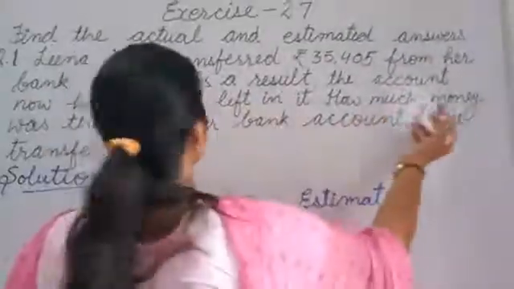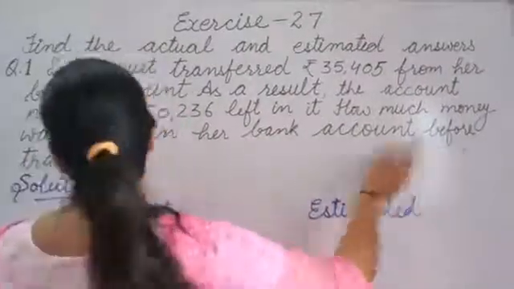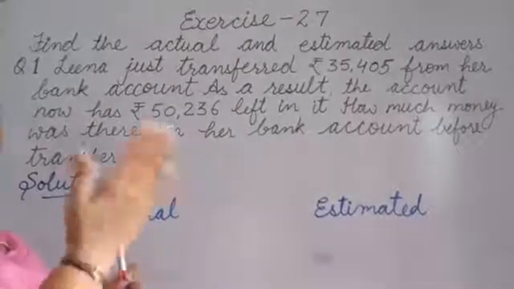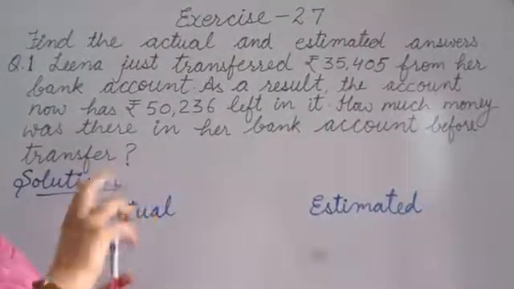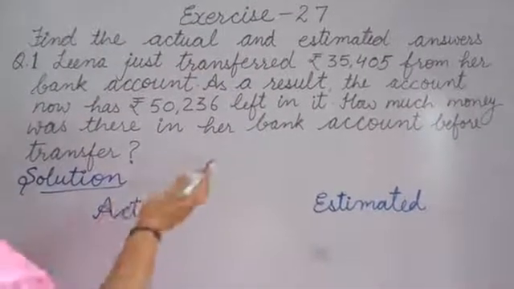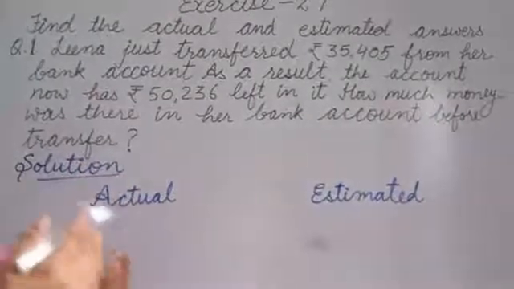So how much money was there in her bank account before transfer? Transfer means when we move the amount from one account to a second account. So before transfer, how much amount was in her account?